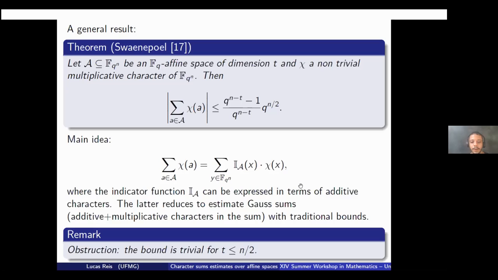And so at the end, with the multiplicative character, we just have mixed sums of multiplicative and additive characters that are called Gauss sums. And we have some bounds on the modulus of Gauss sums. And so, as I said before, if T is larger than n/2 the bound is non-trivial, but unfortunately, it will be trivial if the affine space is of dimension at most n/2, right?